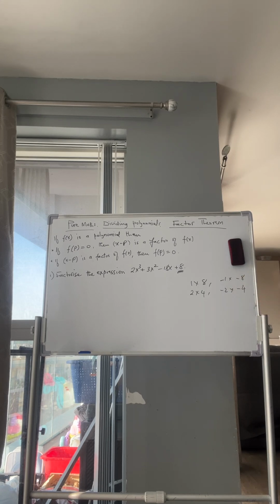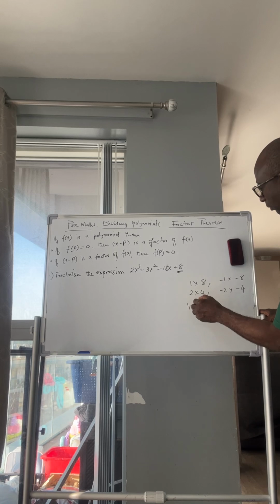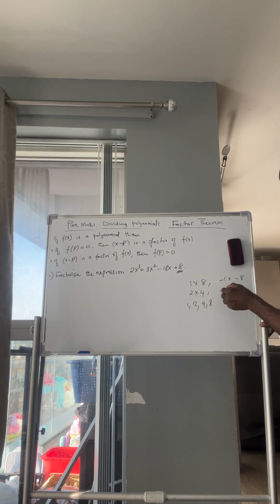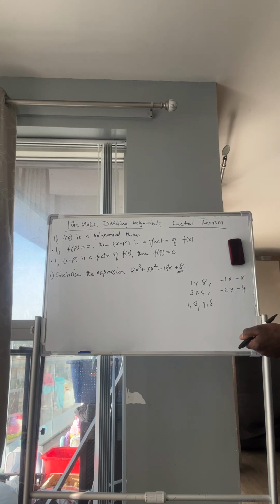We can think of now 1, 2, 4, 8. And we also have the minus sign. But let's not consider these minuses because this equation mostly has positive numbers.